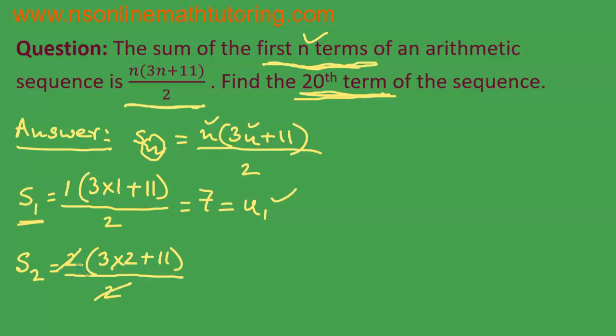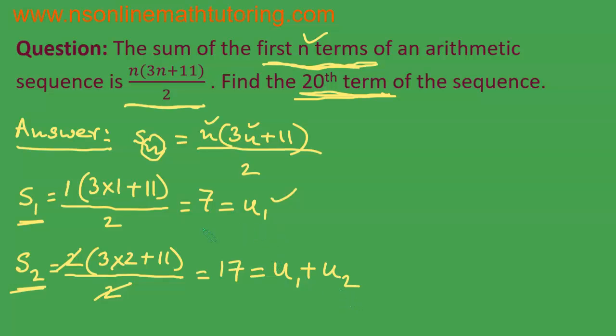So, these two will be getting cancelled. And we will be having 3 times 2 is 6, 6 plus 11 is equal to 17. So, this is the S2 value. And what is S2? It is the summation of the first two terms of the given arithmetic sequence. First two terms means it is equal to U1 plus U2.